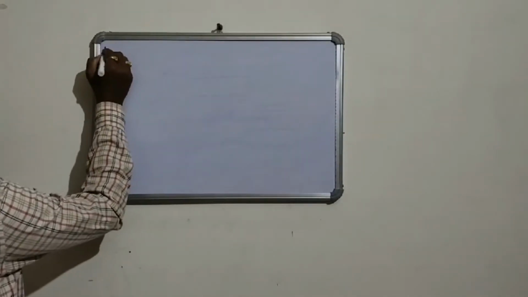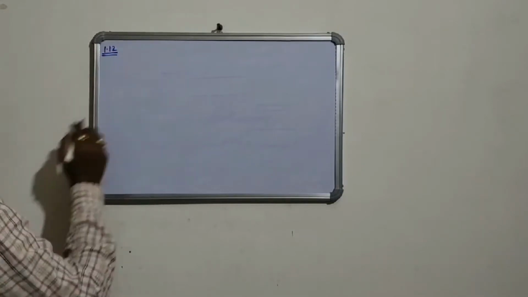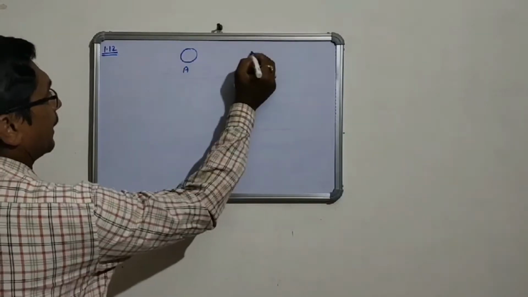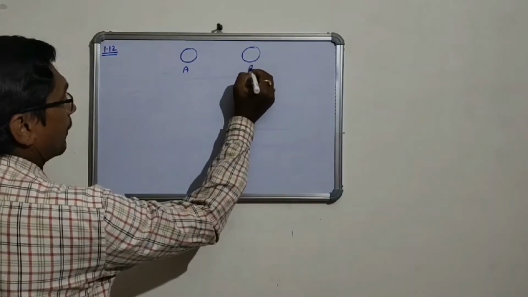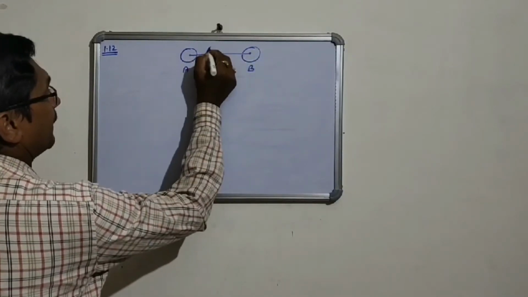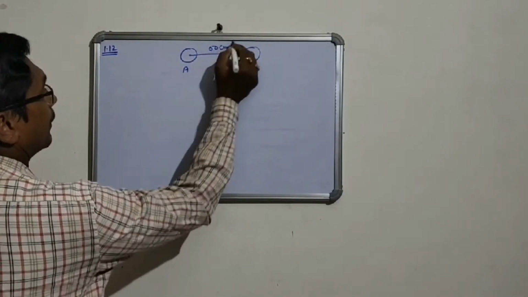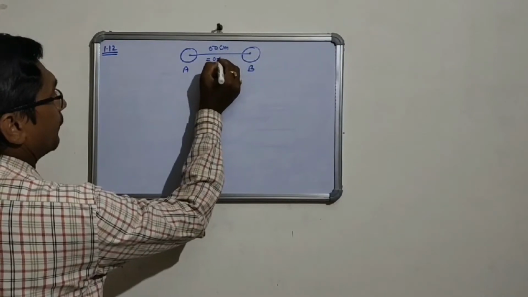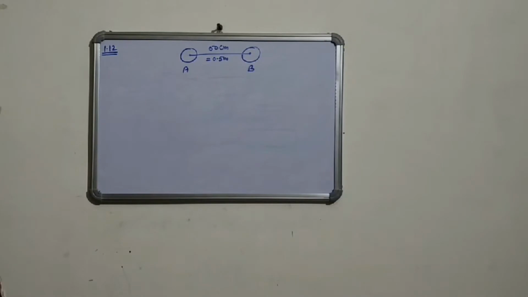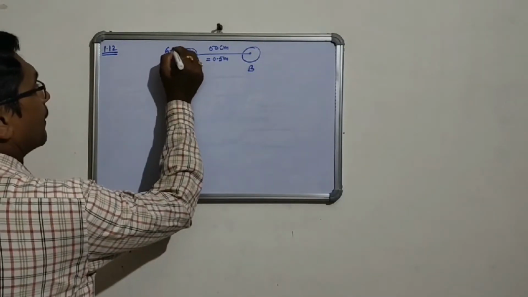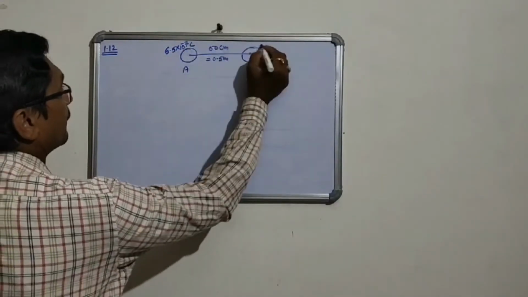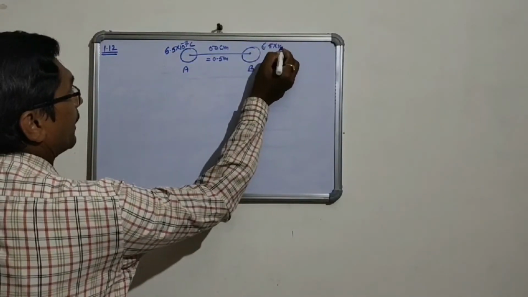Example, question number 1.12: two spheres A and B. The distance of separation between them is 50 centimeter, which is equal to 0.5 meter, and the charge on A is 6.5 into 10 to the power minus 7 coulomb.